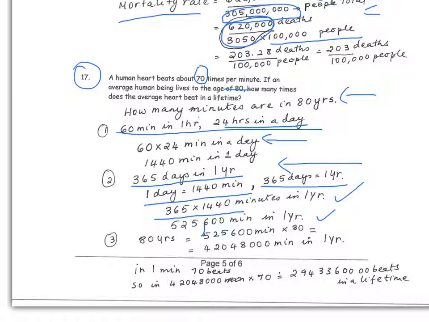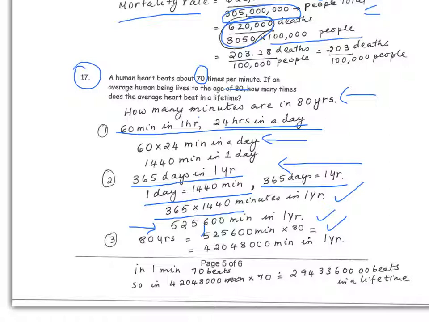So we know that in 1 year, we have 525,600 minutes. So now we come to the last step, which is in a lifetime. How many minutes are there, assuming that a lifetime is about 80 years? So in 1 year, we have 525,600 minutes. So in 80 years, it would be 525,600 times 80.